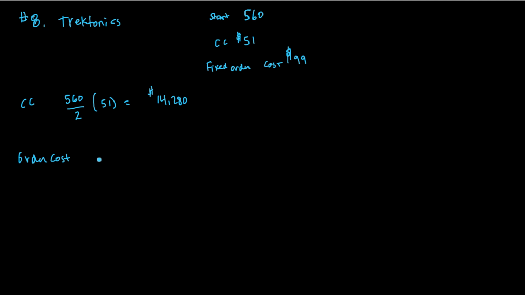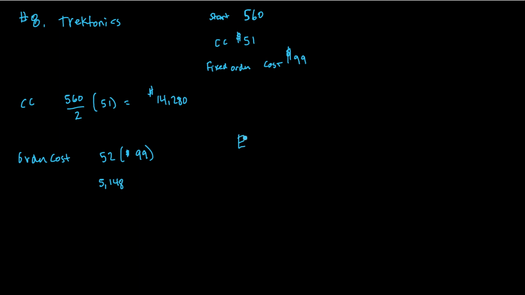So we take the number of times we order, which is 52 weeks, times our fixed order cost of $99. We end up with a restocking cost or reordering cost of $5,148.